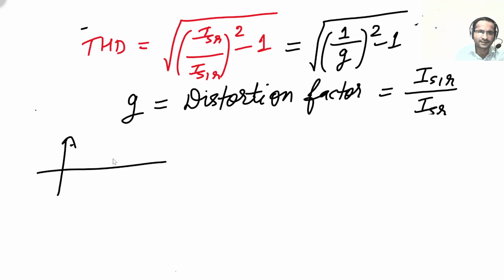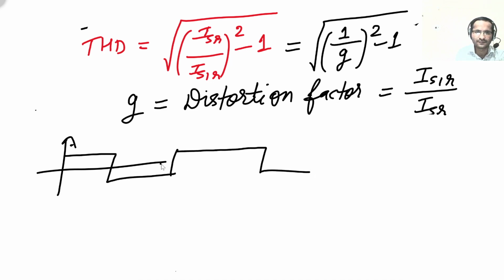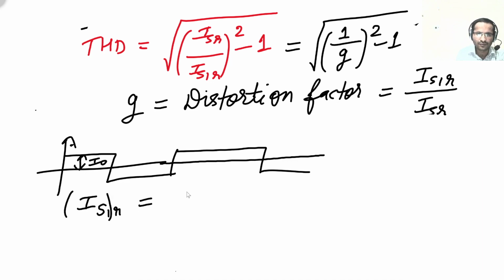Initially we had this as the source current, with a maximum value of I0. We calculated the RMS value of the fundamental, and we got 2 root 2 I0 by pi after Fourier series analysis.